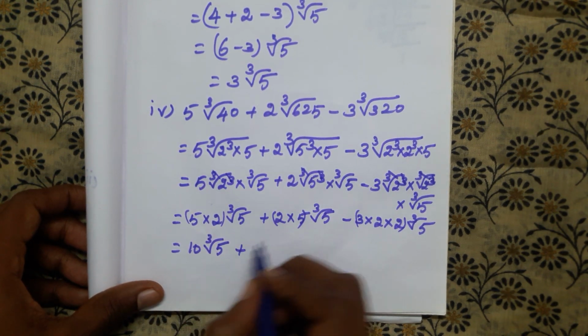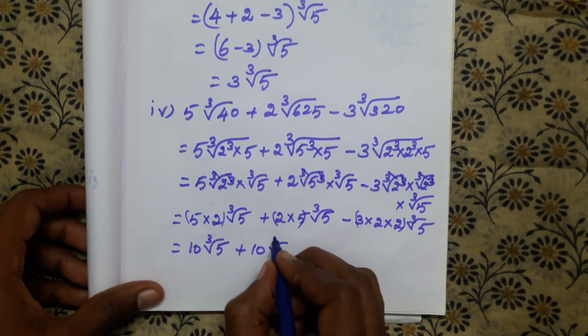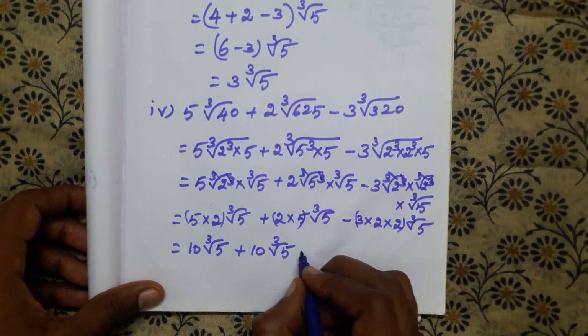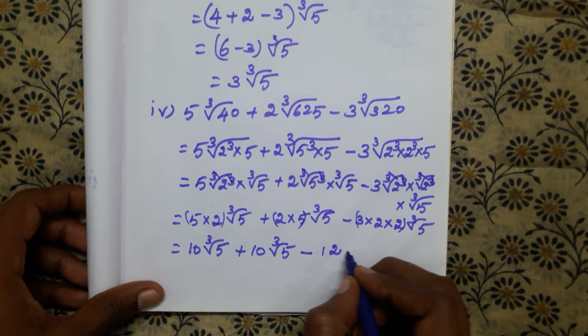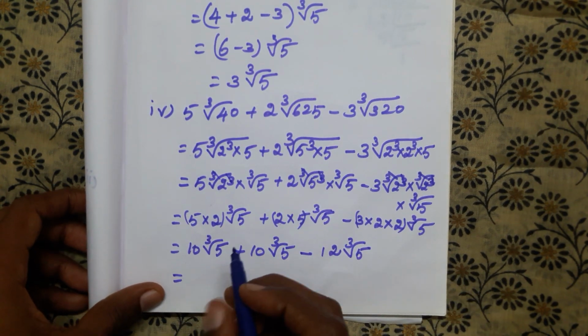Next, 2 5s are 10 cube root of 5. 3 2s are 6, 6 2s are 12 cube root of 5. So here what's the coefficient?